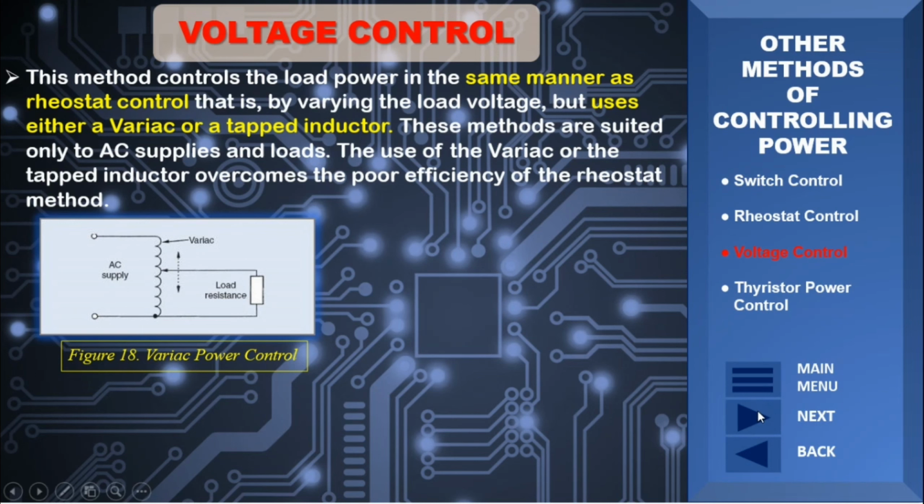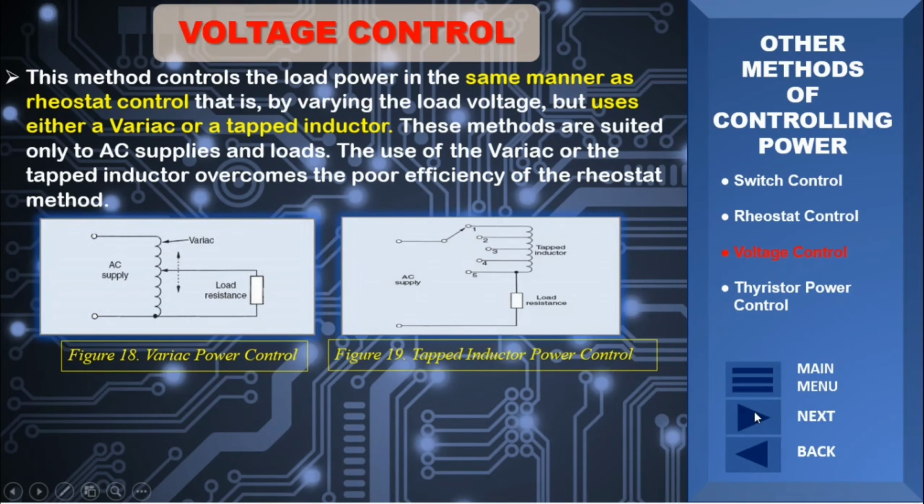Figure 19 shows a tap inductor connected to control the AC power in a load. The method is used for speed control of ceiling fans and other low power applications. Control of high values of load power with this method would necessitate large, expensive inductors.